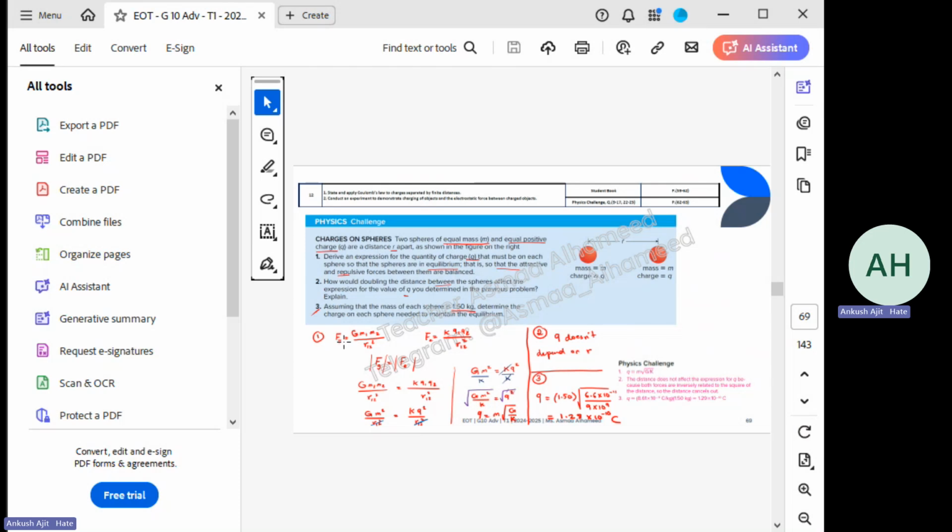Here basically they are comparing the gravitational law of Newton with this Coulomb's law. So G M1 M2 upon R12 square equals K Q1 Q2 upon R12 square. So they are equating, and you get this formula. How it comes is also nicely given to you.